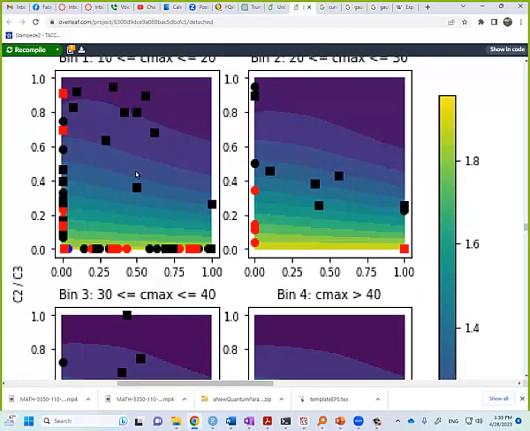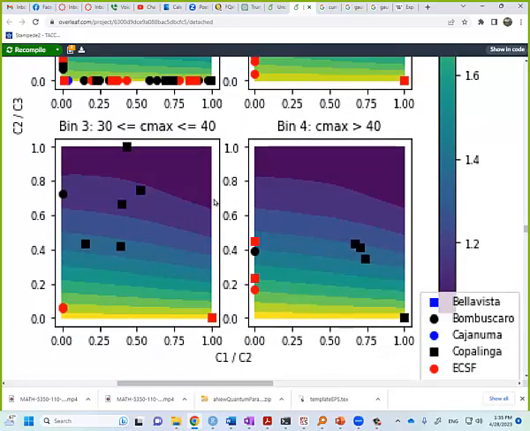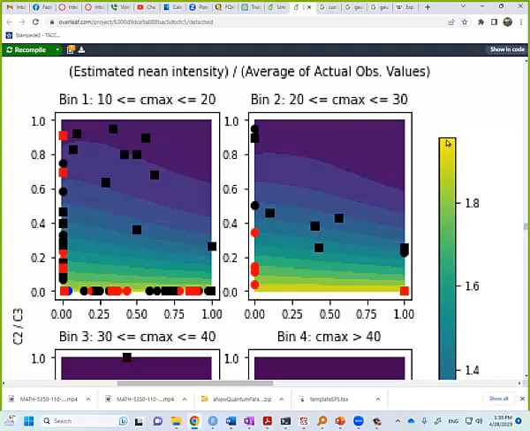If the three observations agree well, then the mean of the three observations is close to 1. So the actual mean will be close to the mean of those three. But if the three observations are very different, that's not true anymore. It may be that the actual mean is much larger than the average.